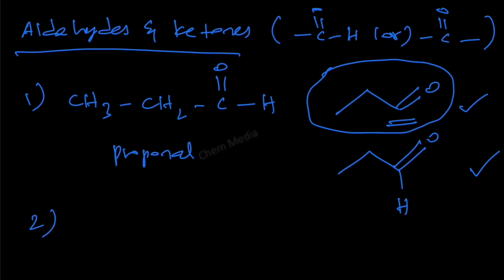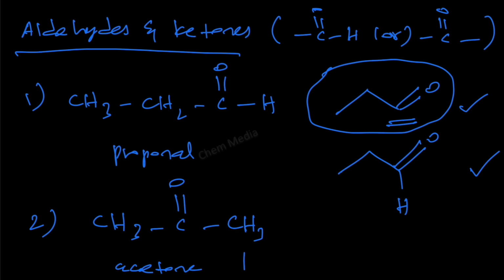So let's write a ketone, that is CH3, C double bond O, CH3. This is a ketone. So what we have is acetone, that is a common name, and the systematic IUPAC name would be propan-2-one. Sometimes it's okay to leave the number 2 also.